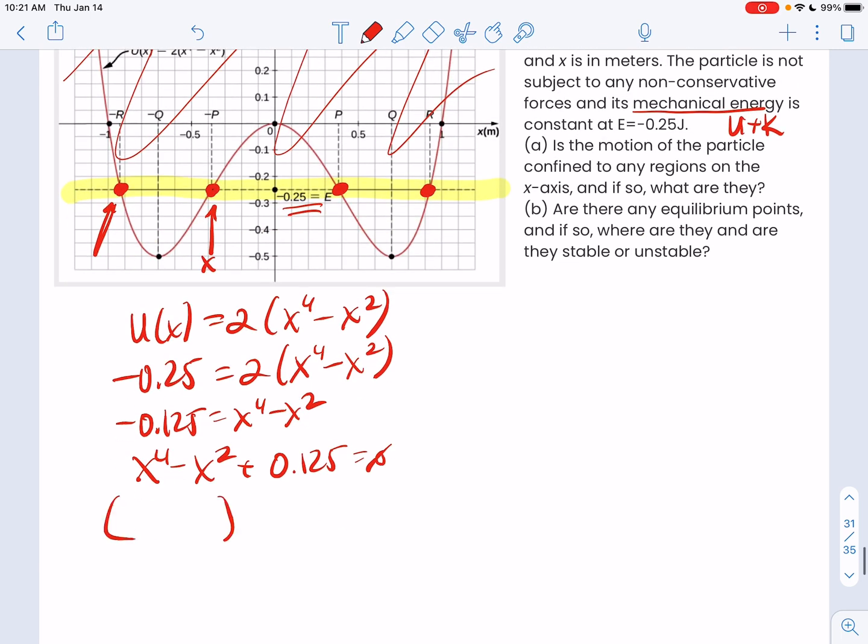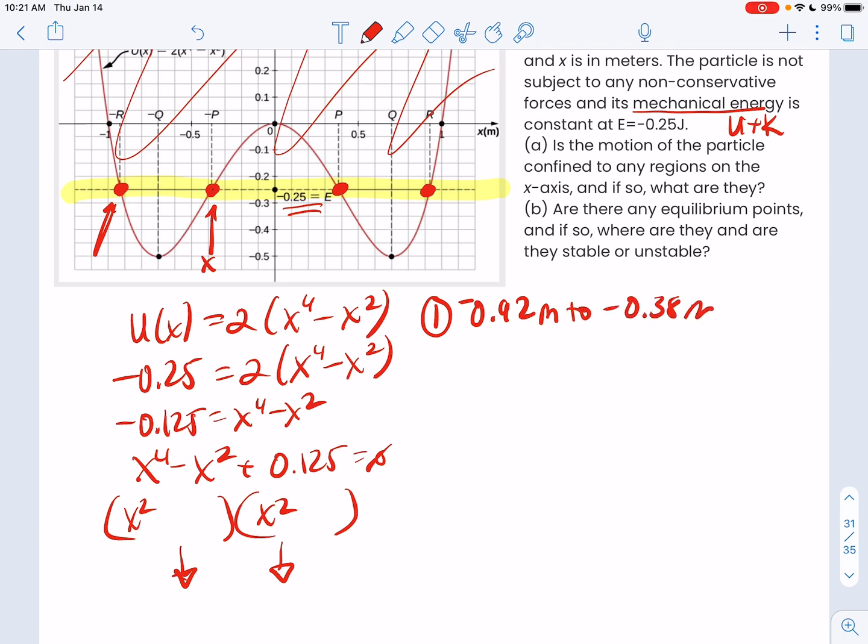You can factor this into x squared and then solve for those x values. Or you can go onto Desmos, draw a line across, and see what the values are. So the first region was about negative 0.92 meters to negative 0.38 meters, and on the other side, it was about 0.38 to positive 0.92. So that's how you would find that.